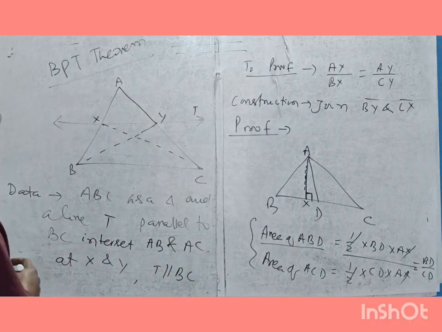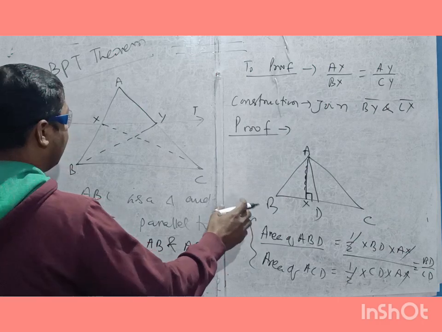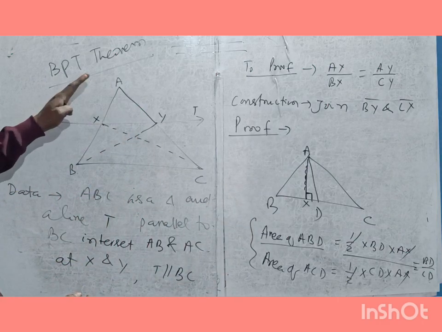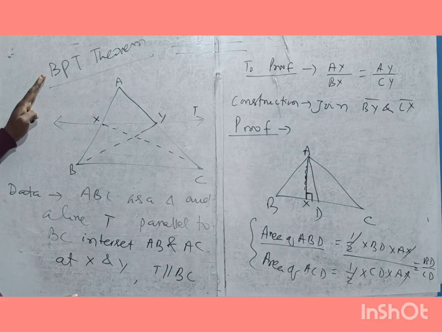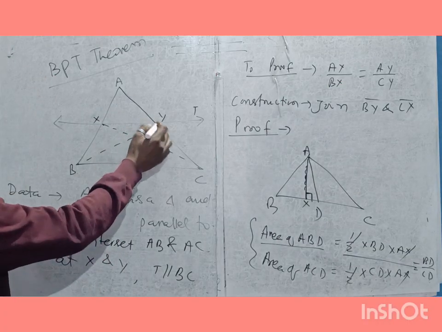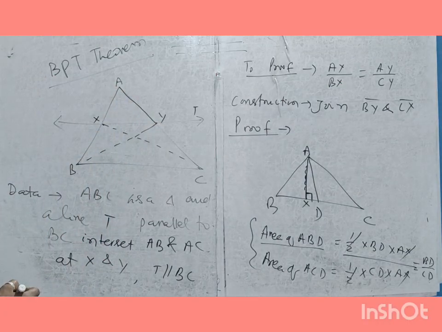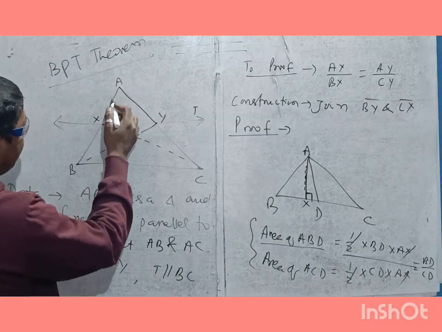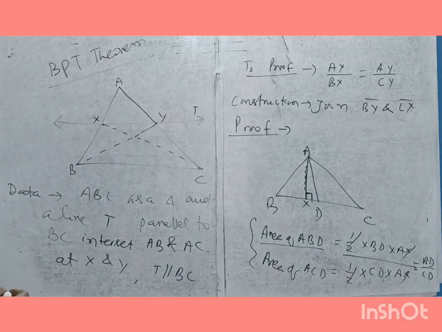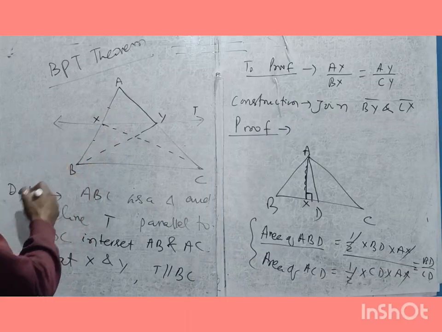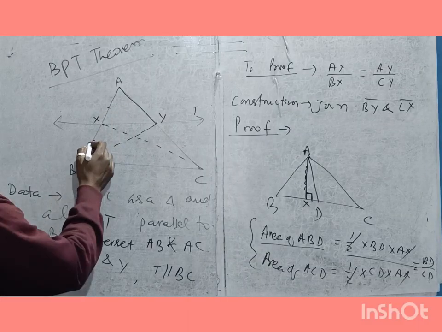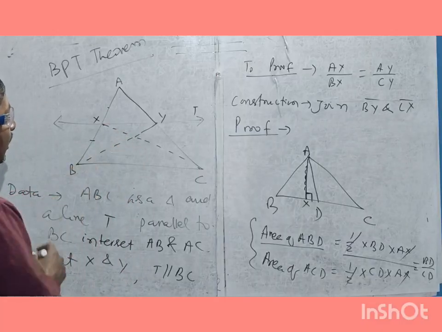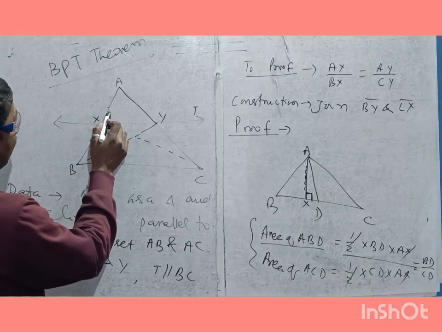Now compare here. The same case is here, but you have to see it this way. Triangle YAB: the height is the same. The height will be the same because they are on the same line but different bases.